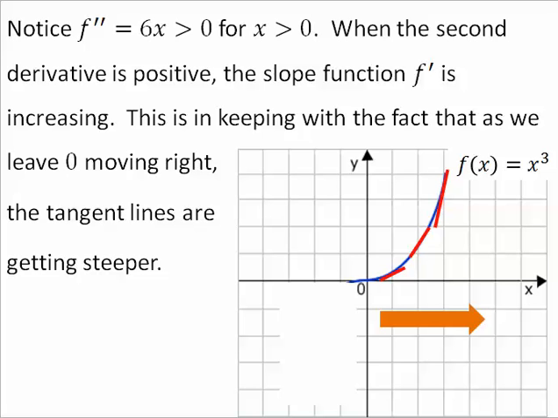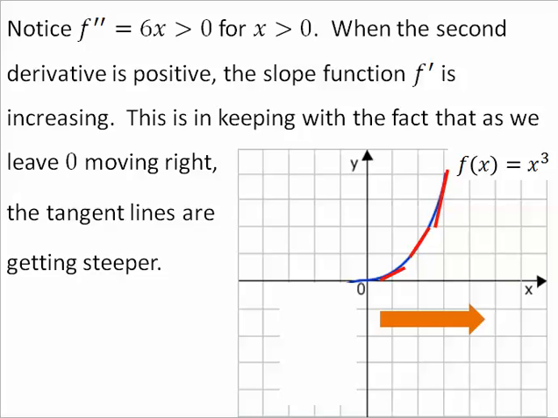The derivative of the slope function is telling us that the slope function is increasing. And this is in keeping with the fact that as we leave 0 moving right, the tangent lines are getting steeper. And so the second derivative tells us whether or not my slope function is increasing or decreasing.